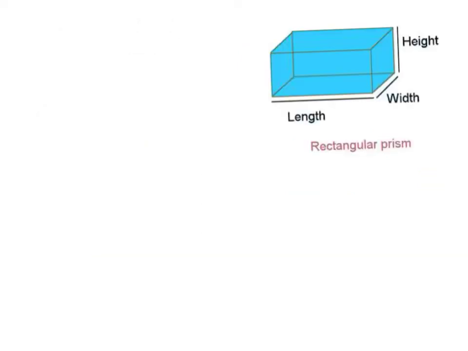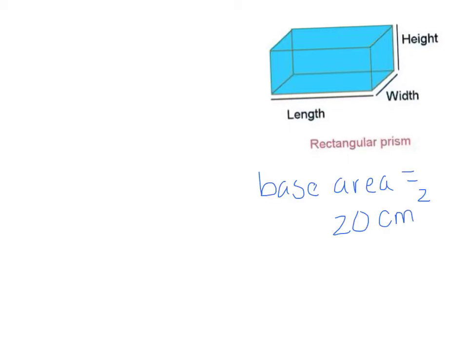Now let's say that they give us this rectangular prism and they tell us that the base area is 20 centimeters squared already. We need to find the volume, and they inform us that the height is 3 centimeters. What do you think you can do? Well, based on our knowledge of area, you know that this times this gave us our 20 centimeters squared.